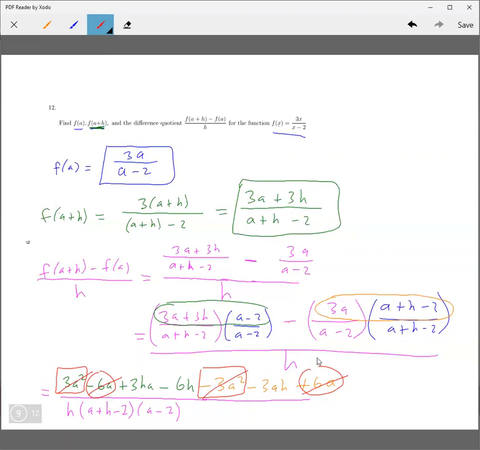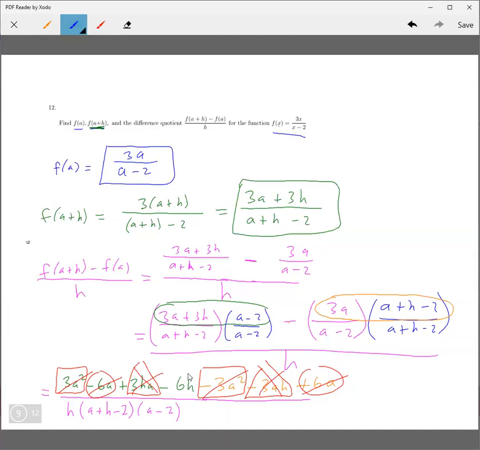They're going to cancel. It looks like that and that also cancel. And we're just left with a negative 6h. Okay, so we're left with just a negative 6h.